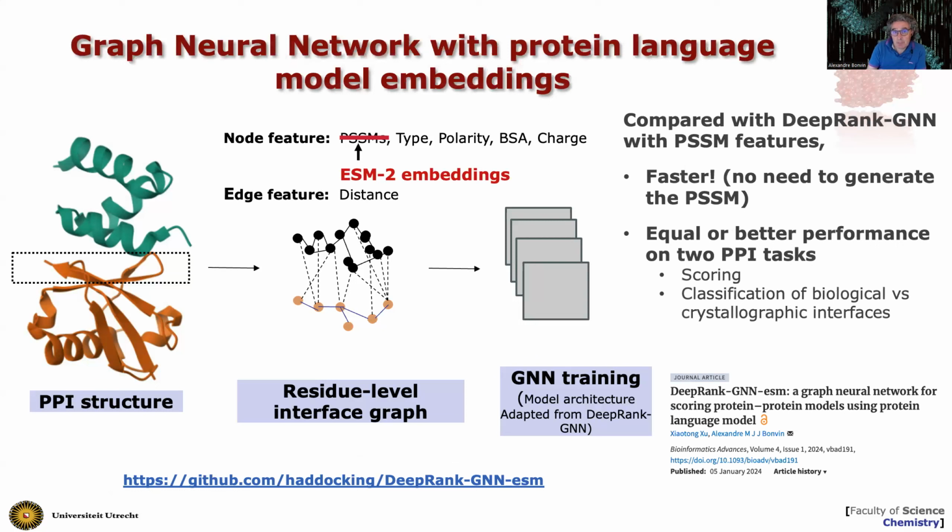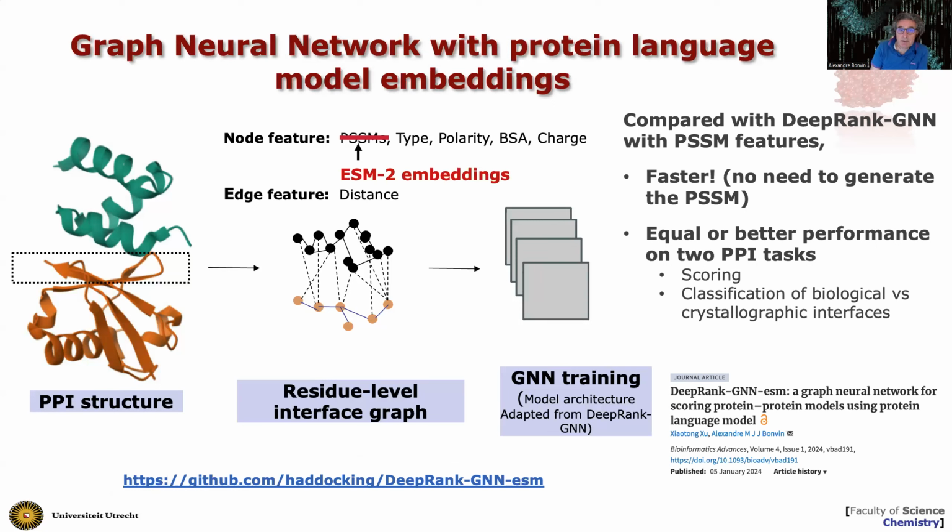Another thing that happened in the last years is the advent of language models. Meta, Facebook, came with the ESM2 language model, and these models were trained on millions and billions of sequences to predict which amino acid is at a given position in a sequence, given the context of the sequence. This contains valuable information which can also be used for scoring purposes.